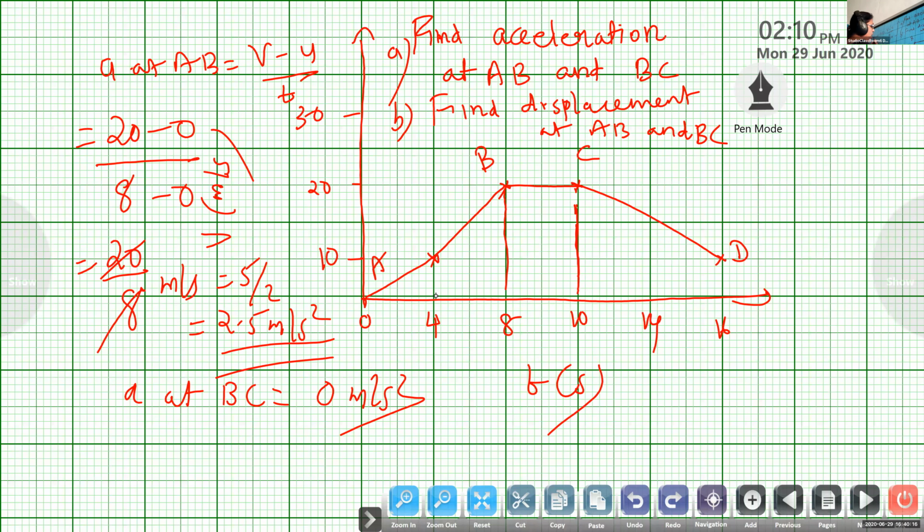At AB, it is a triangle again. What is BC? What kind of polygon is it? Rectangle. So first find out AB, then find out BC separately. Then you will get the displacement at AB and BC.